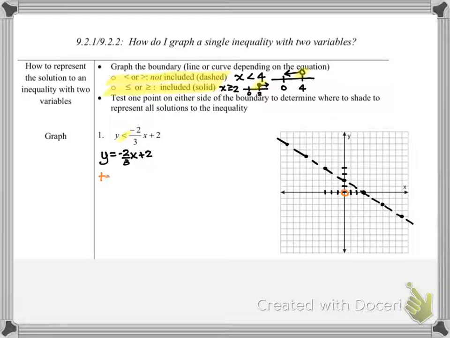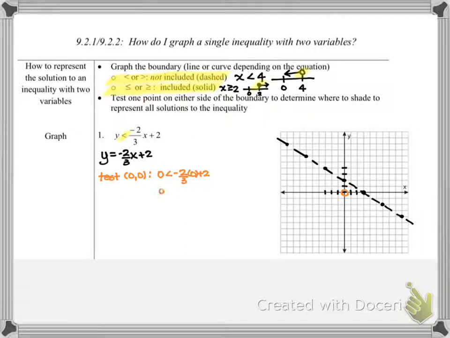So as I test the point that I'm choosing, I have to plug it all the way back in to the original where I still had the inequality symbol. So 0 is less than negative 2/3 times 0 plus 2. All right, let's see.